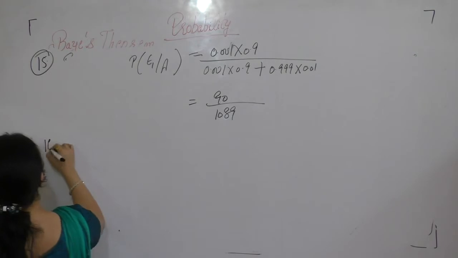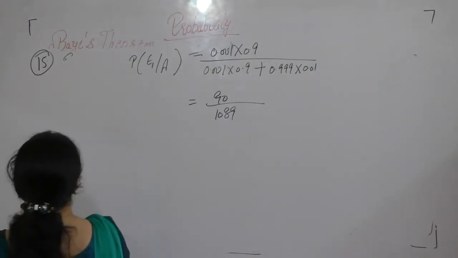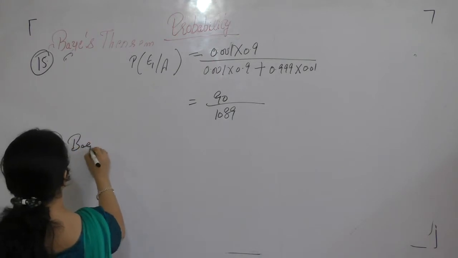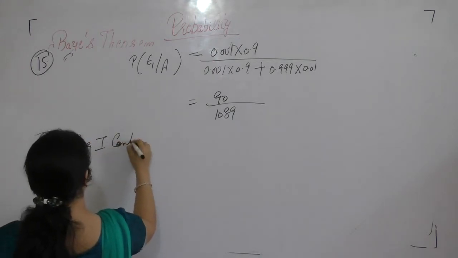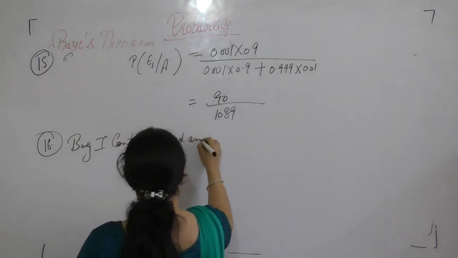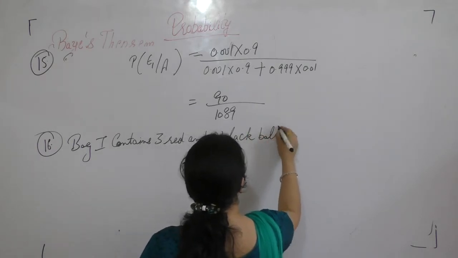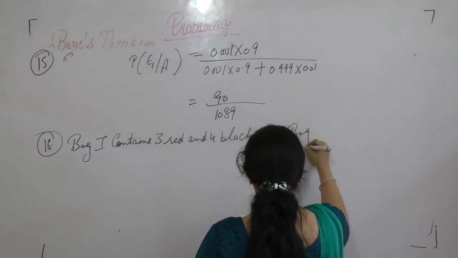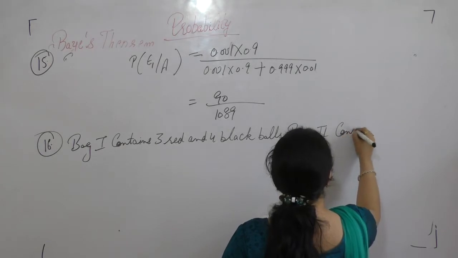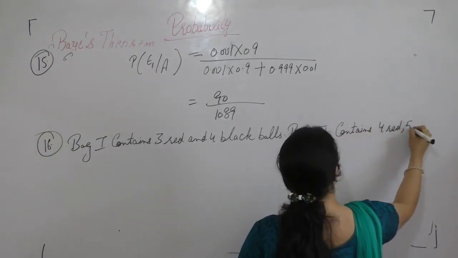Now the next one is: bag 1 contains 3 red and 4 black balls. Bag 2 contains 4 red, 5 black balls.